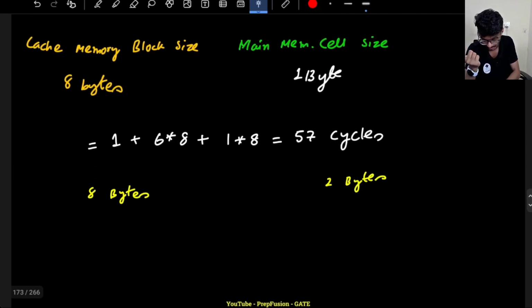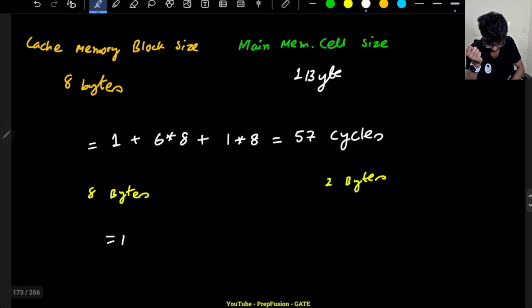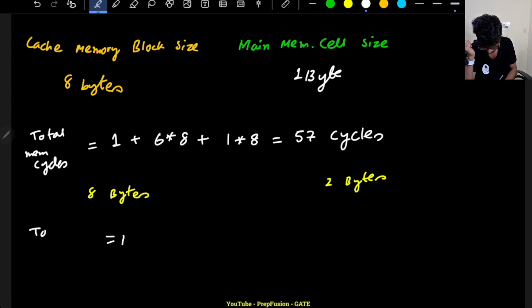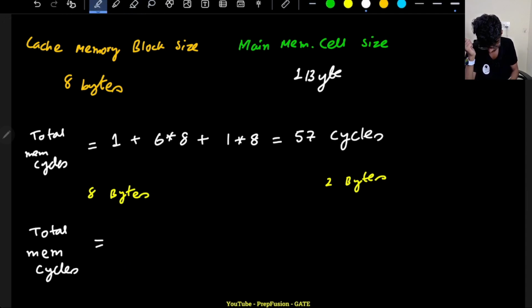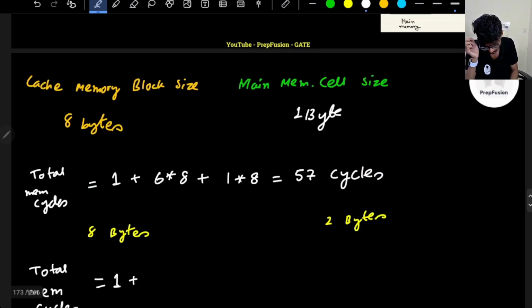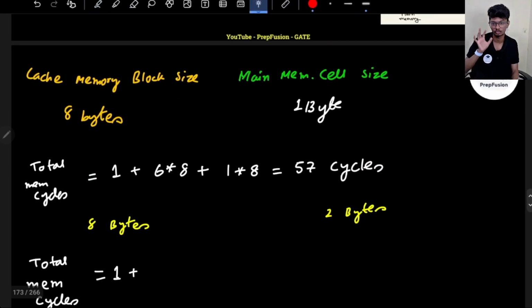So to send one address, it will consume only one cycle, so it will be one cycle again. This is the total memory cycles. This will be 1 plus... now tell me, how many cells do I need to transfer?